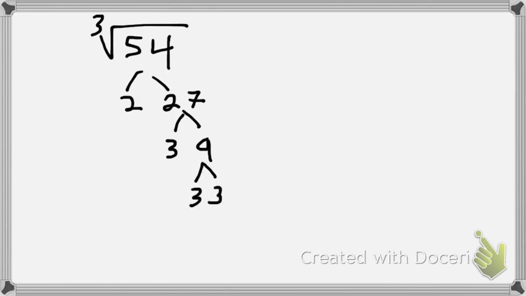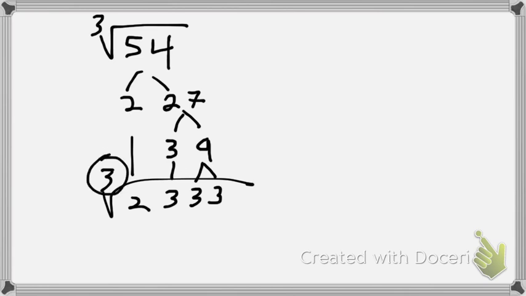So 9 breaks down to 3 and 3. So here we have our prime factorization of 2, 3, 3, and 3. Now notice here that because the index is 3, we can't just take 2 3s, but we need 3 3s, or 3 4s, or 3 5s. We need the same number as the index.